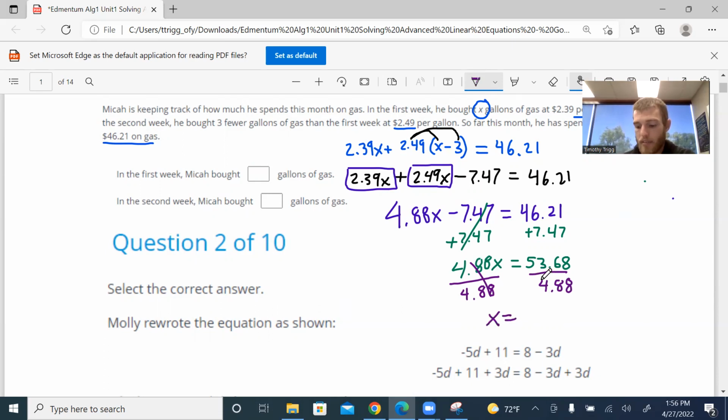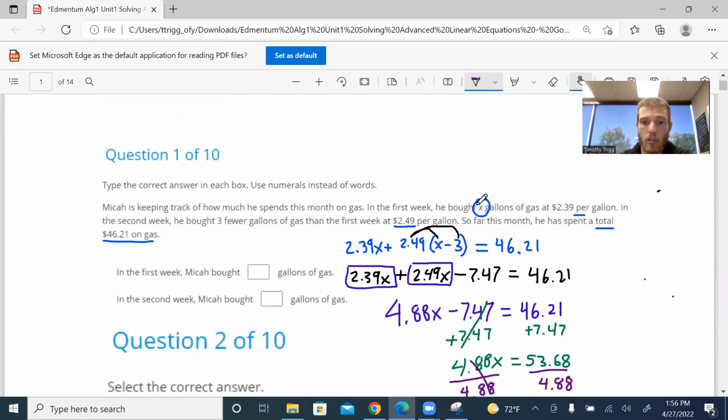So divided by 4.88, 11. So the number of gallons he bought for the first week is 11. So x is 11. On the second week, he bought 3 fewer gallons. So 11 minus 3, 8 gallons the second week.